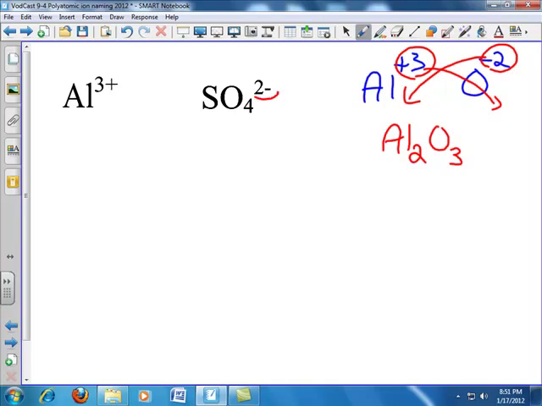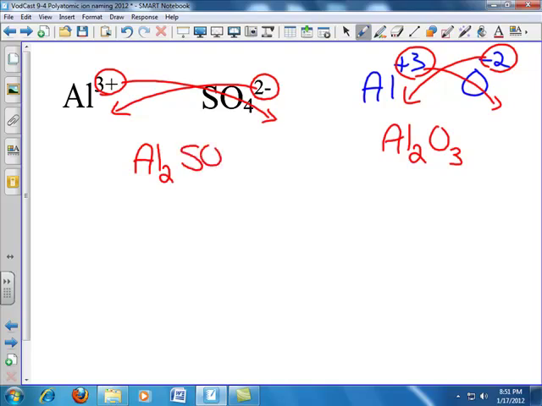This charge can come over here, this charge can come down here. The only thing is, when you do that, I write Al2. I do not want to write SO4 3 like this. You need to put parentheses. So I need (SO4)3. So that whole crossover method still works.